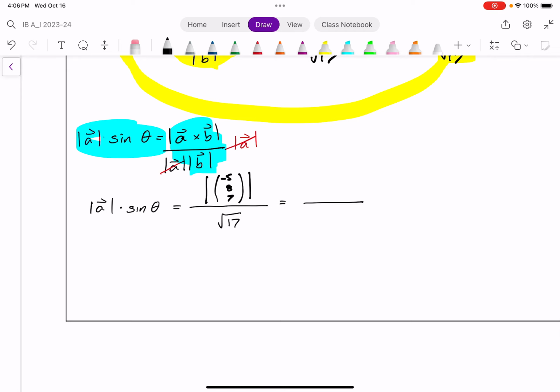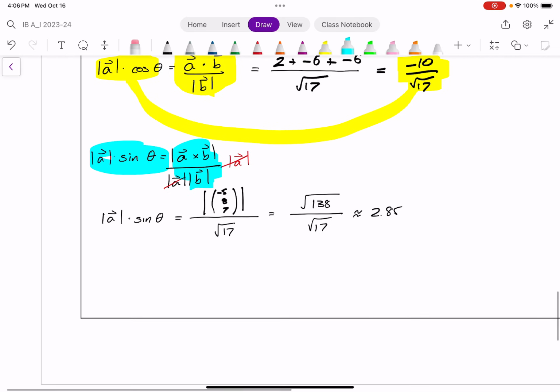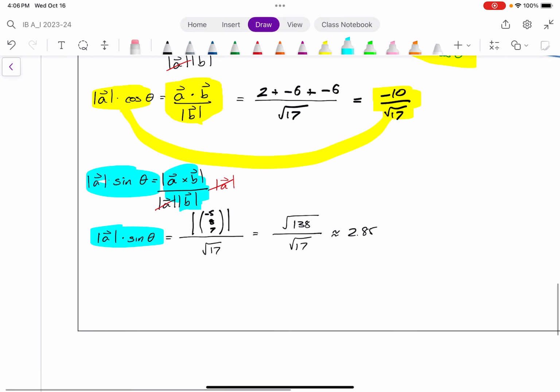For my numerator, again, I want a scalar value. I want the square root of -5 squared plus 8 squared plus 7 squared, which altogether is root 138 divided by root 17. If I decimalize this, I get about 2.85. That is my decimal approximation, or I could stick with a radical if I want to keep it exact.